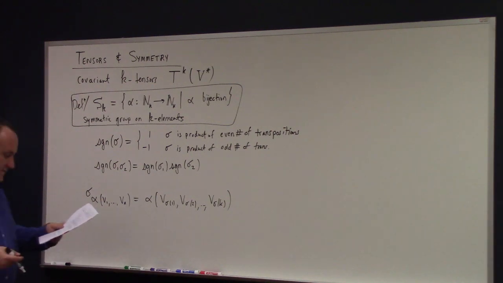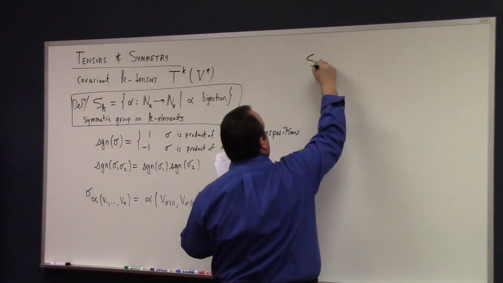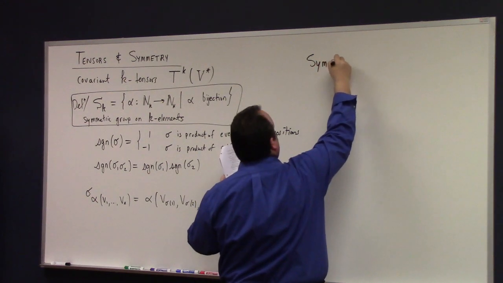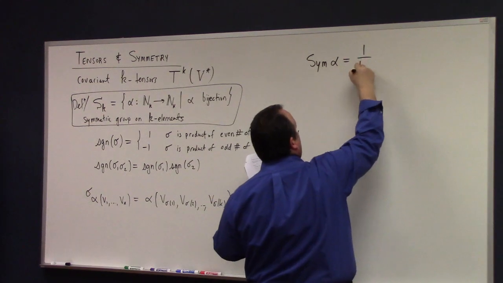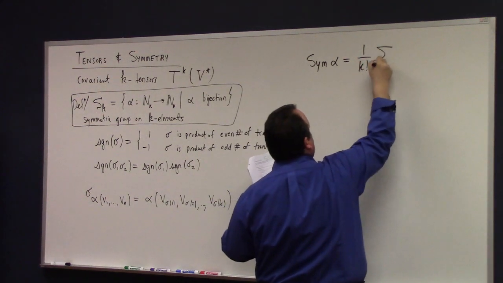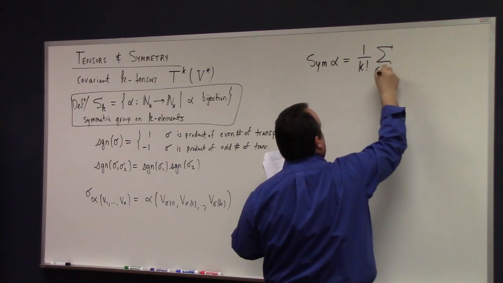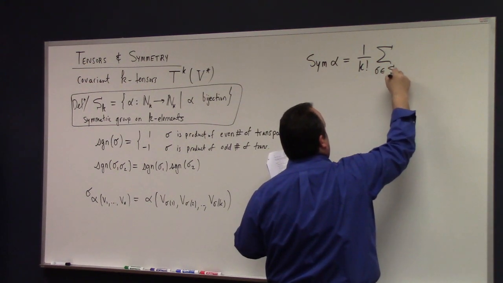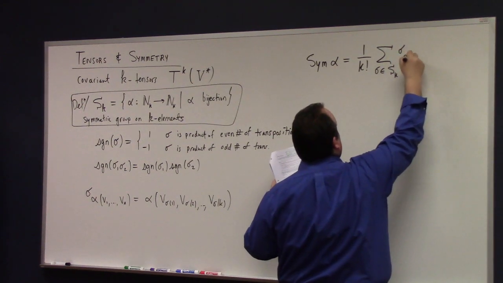And from this, he defines the following: Sym alpha is 1 over k factorial times the sum over sigma in the symmetric group of sigma alpha.